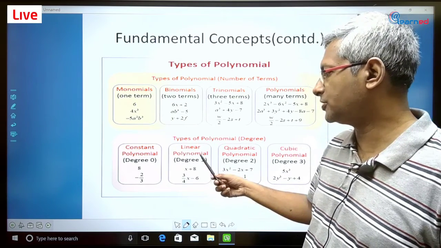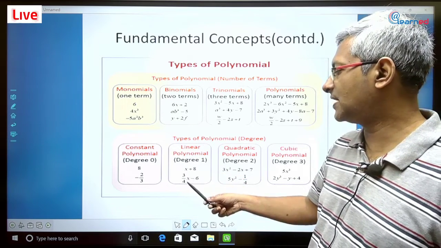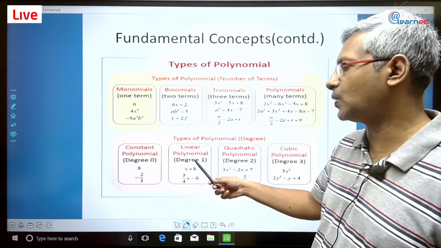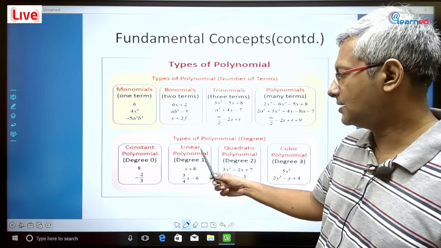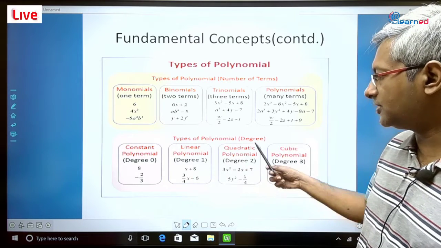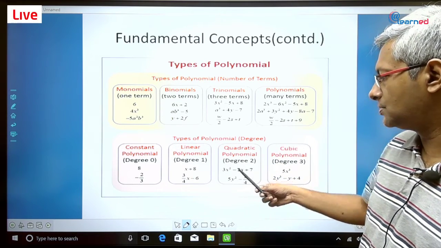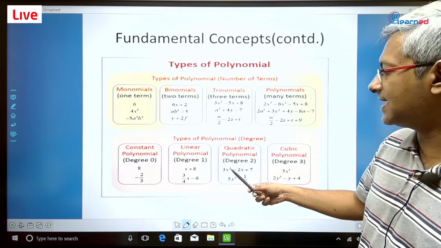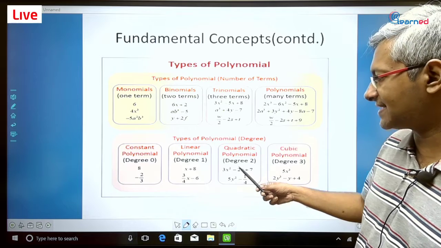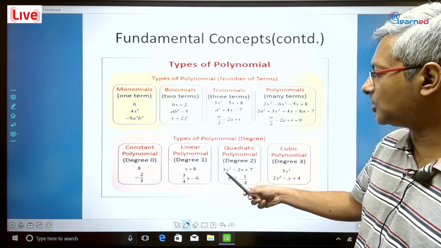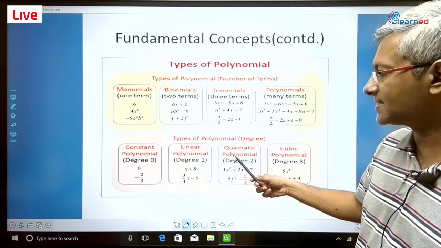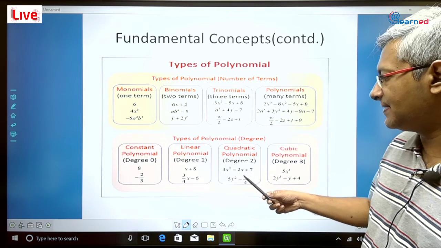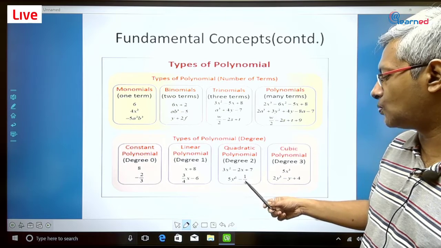So, a linear polynomial: we have x plus 8, 3 by 4 x minus 6. These are all polynomials of degree 1. Now, we can have a quadratic polynomial where the degree would be 2. Since the highest power of x is 2, the degree of the polynomial is 2. So, this is a quadratic polynomial. So, we can have 3x squared minus 2x plus 7 or 5y squared minus 1/4.